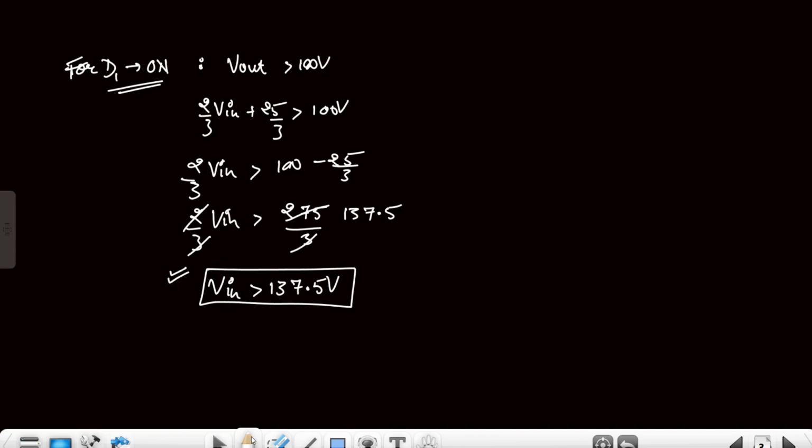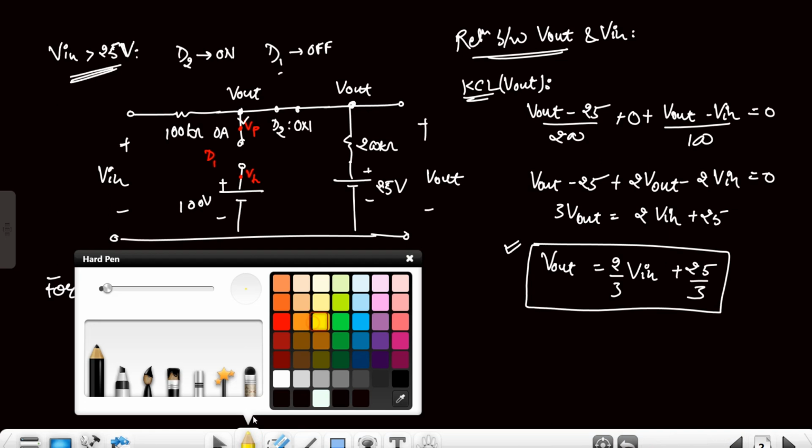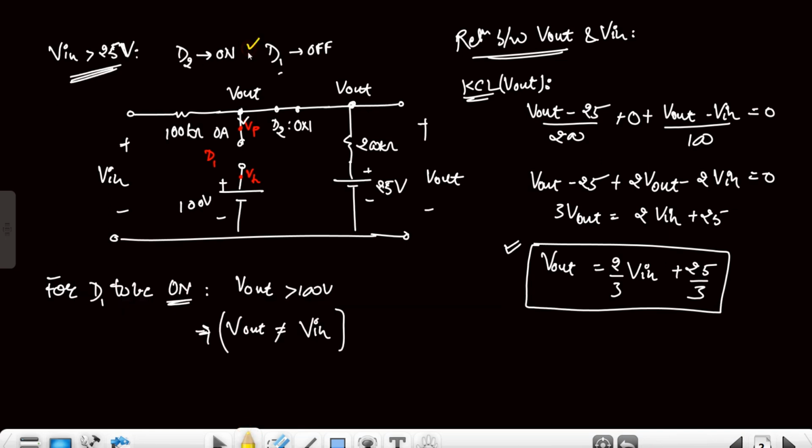So this is a good point, because this value is nowhere to be seen in the circuit. So the circuit you have drawn is true for D1 off, because the input range here is 0 to 137.5.